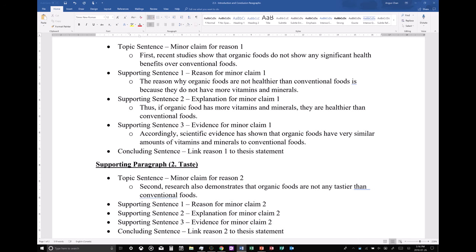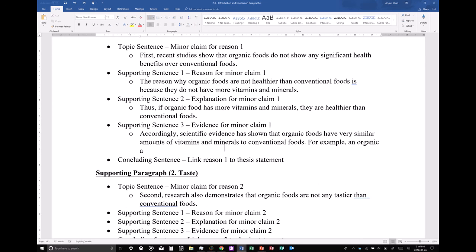Now, you could have more sentences if you want, especially let's say you compare two apples, an organic apple in so-and-so study.